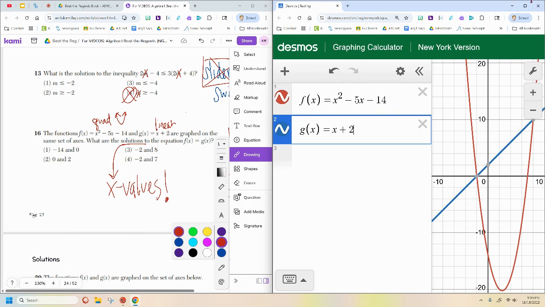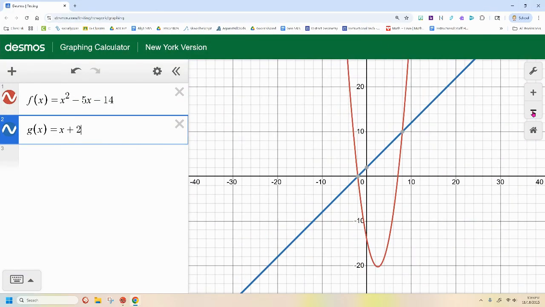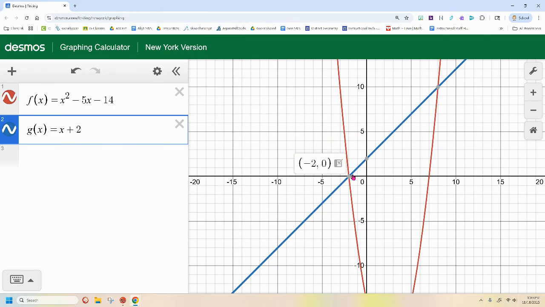All right. So, zoom out. There they are. Okay, so here is a point of intersection at -2, 0. And here is a point of intersection at 8, 10. So let me show you why the -2 and the 8 are what we have.